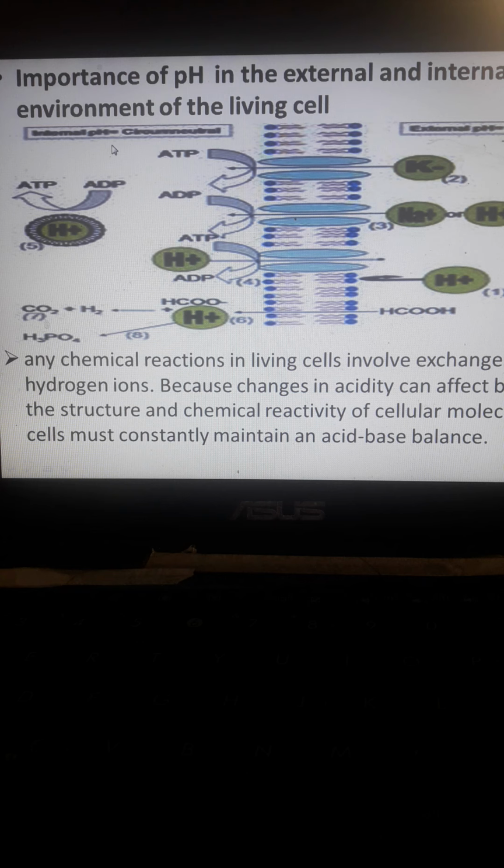and inside the bloodstream the pH is maintained at 7. Any chemical reaction in living cells involves exchanges of hydrogen ions, because changes in acidity can affect both the structure and chemical reactivity of cellular molecules, so the acid-base balance must constantly be maintained. If there is a change in the pH environment within the cells, it will affect the biochemical reactions.